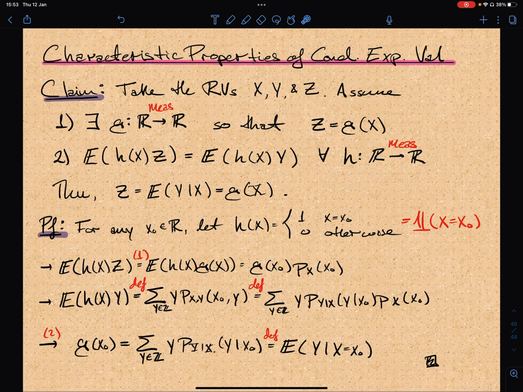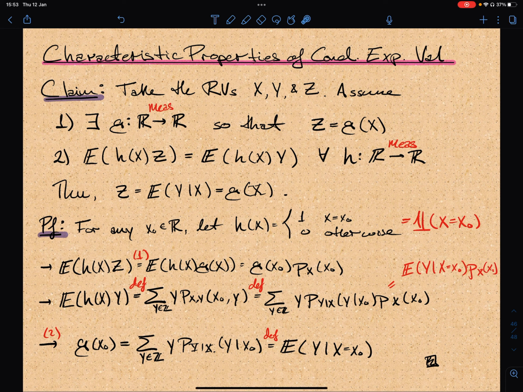And then this summation over y, I can factor out this x naught over here, and I have that this is equal to the expected value of y given x is equal to x naught times the probability that x is equal to x naught.